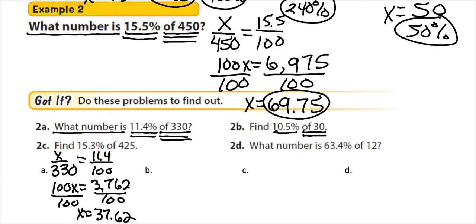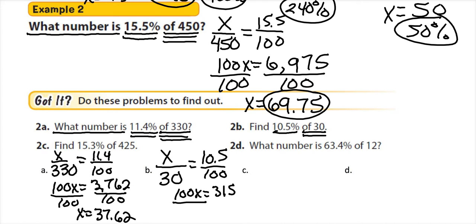So in this case, we will have x over 30 equals 10.5 over 100. That's going to give us 100x, and then we're going to take 30 times 10.5. That's going to give us 315. Divide that by 100. Of course, it means to move back 2 places, so that's just going to be 3.15.